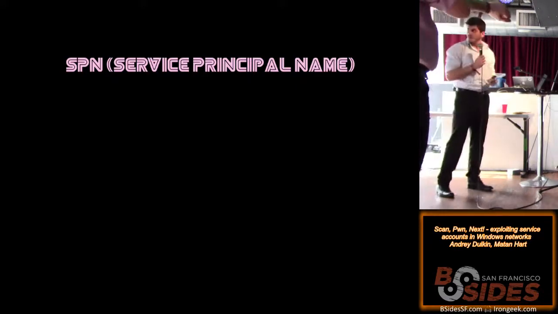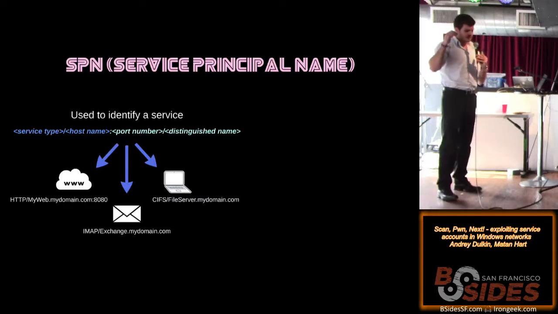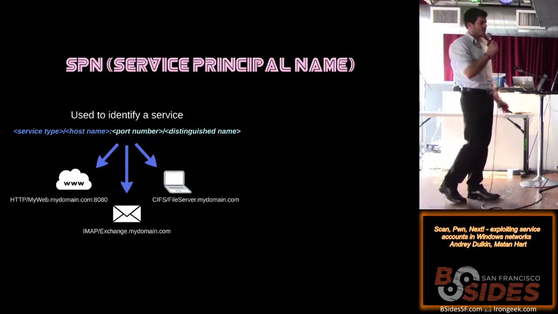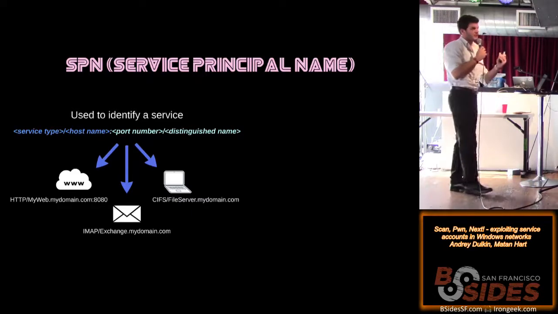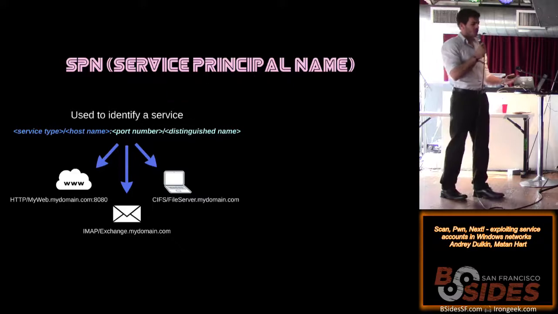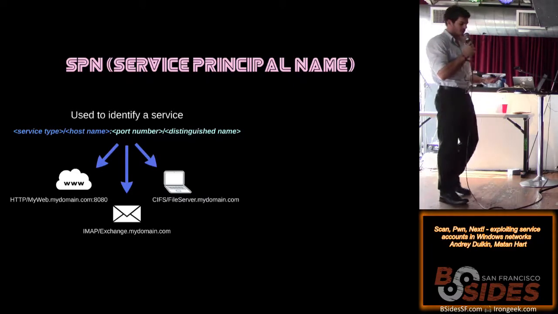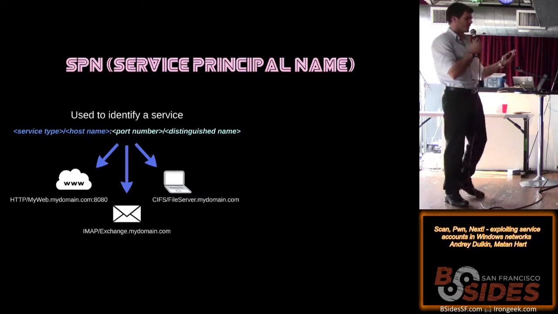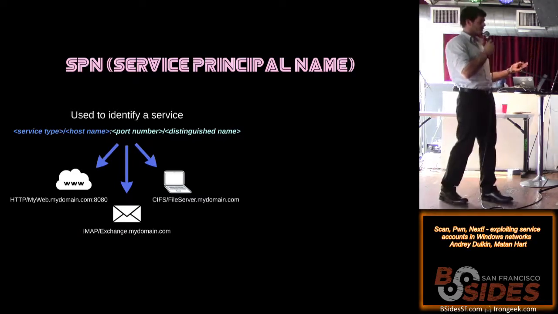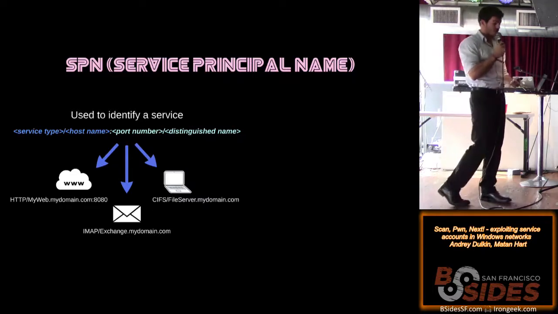So those contain the service type, the host name, and sometimes the port the service is listening on. So actually, when you RDP between two computers, you actually request access to the terminal services on that computer. So if you have a shared printer, you actually request access to the file and printer service on that print server.